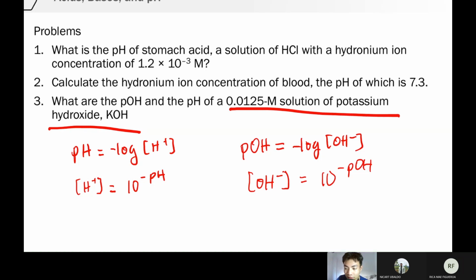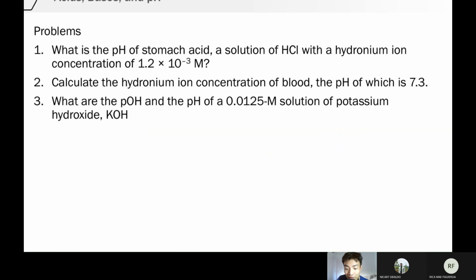Okay, so 38 na. So, sagutan na natin. Okay, so let's have number 2. Let us calculate for the hydronium ion concentration of blood whose pH is 7.3. So for number 2, the equation to be used will be concentration of H plus equal to 10 raised to negative pH.